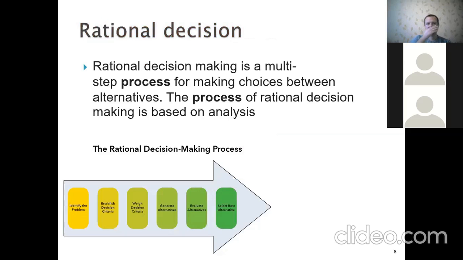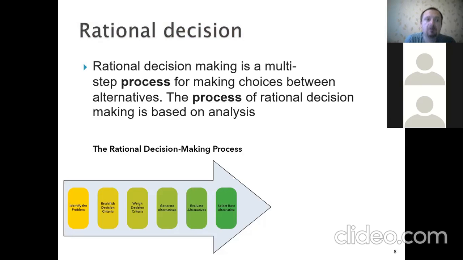And the most effective way of decision making is taking rational decisions. We will speak about it a little bit later, but generally here on the screen you can see the steps of this decision.